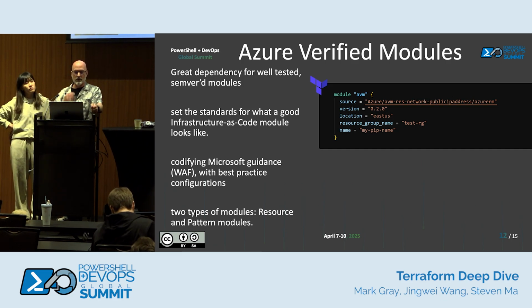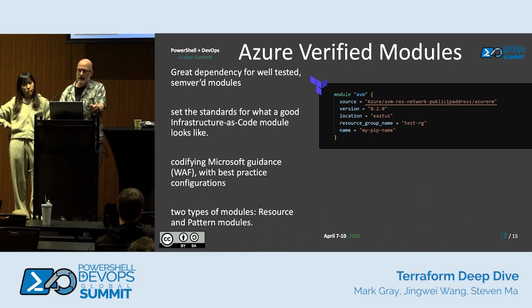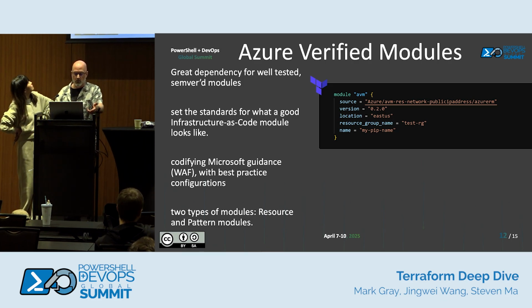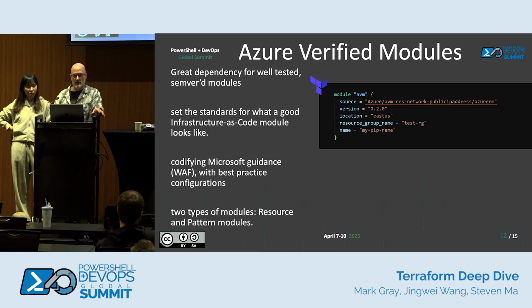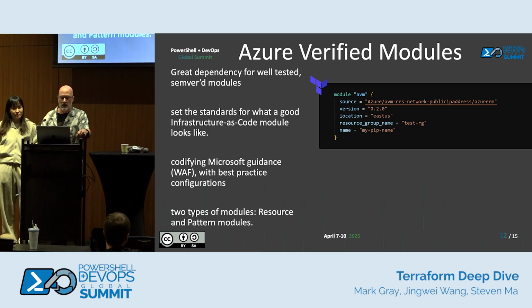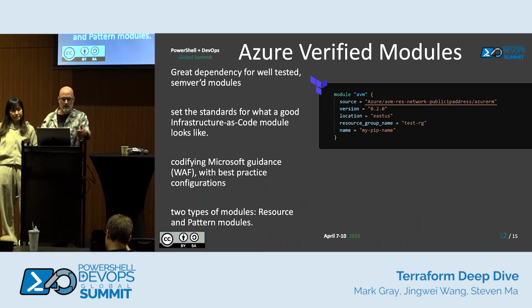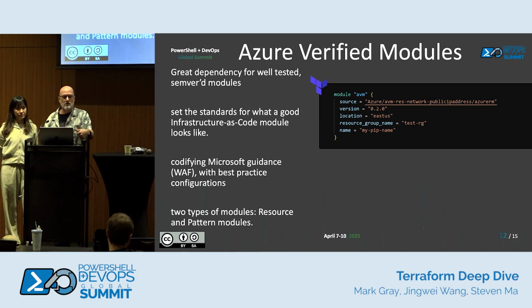And in addition to that, you've noticed, why are there 4 different virtual machine modules all from Microsoft? One of the purposes of AVM is to normalize the modules. So there's a set of modules that are supported and maintained by Microsoft. We have a repo where we answer issues on a regular basis.